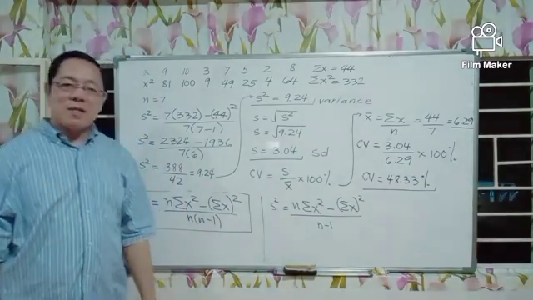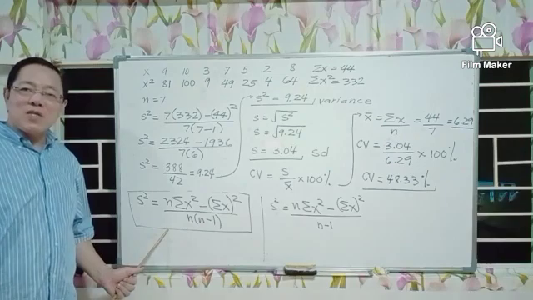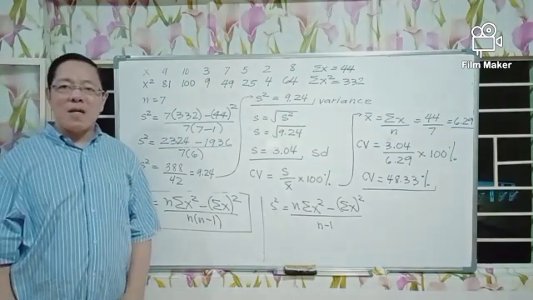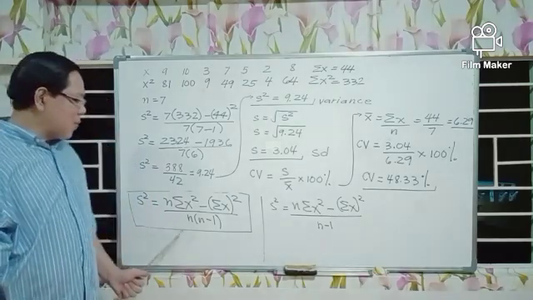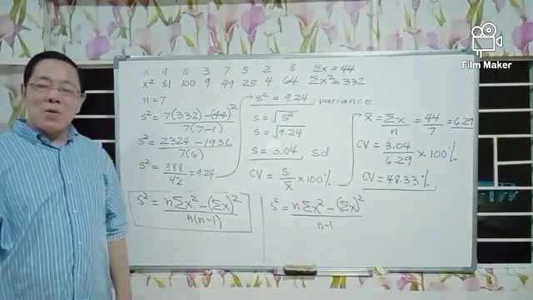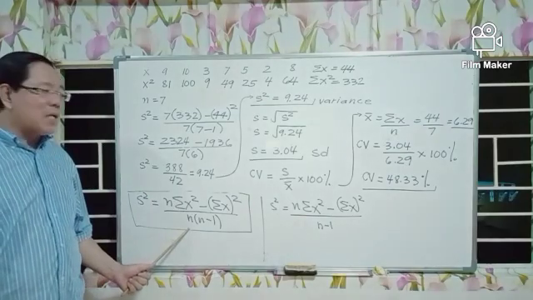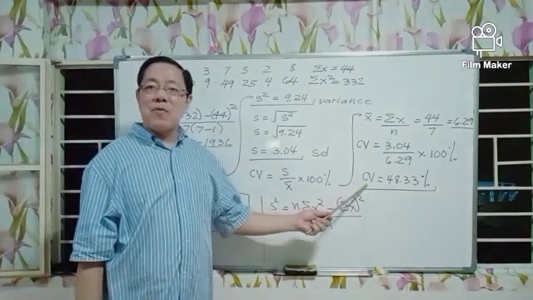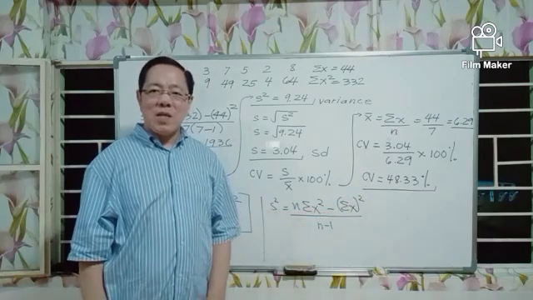I said earlier that this is the formula of variance from which you can get a standard deviation that will give you a standardized coefficient of variation. It is because using this formula for calculating the standard deviation with corrector factor n minus 1 in the denominator will give you a coefficient of variation that will never exceed 100%.